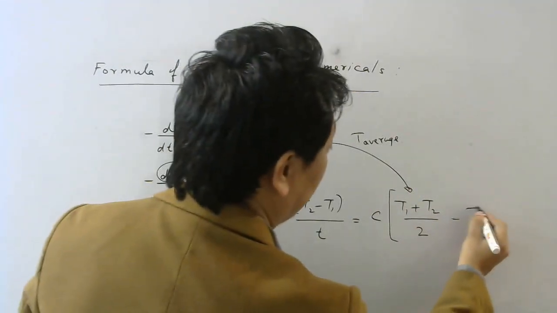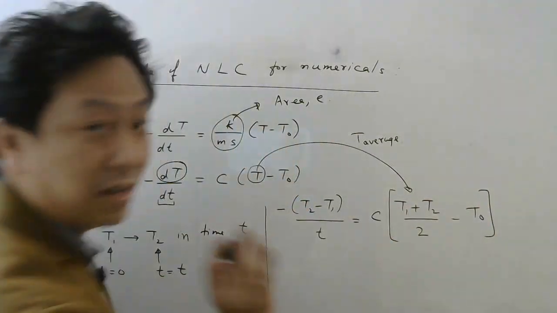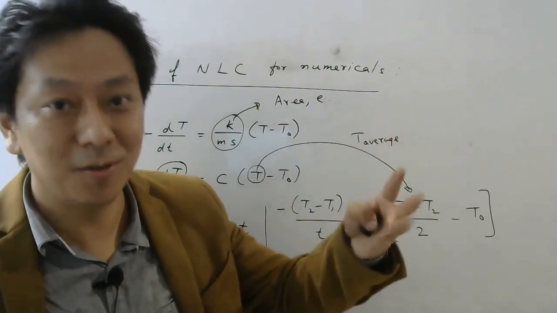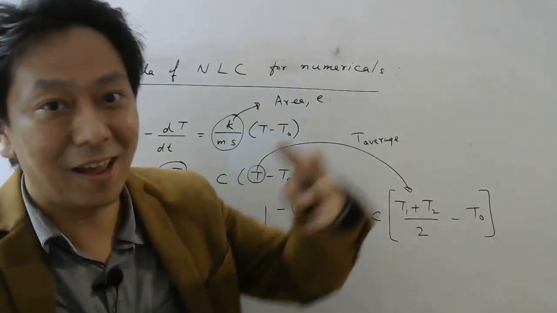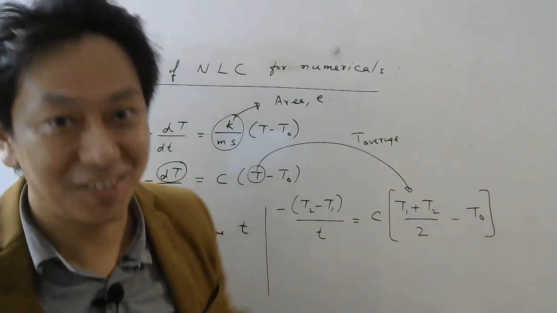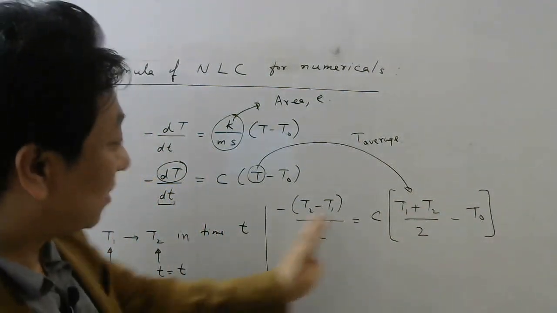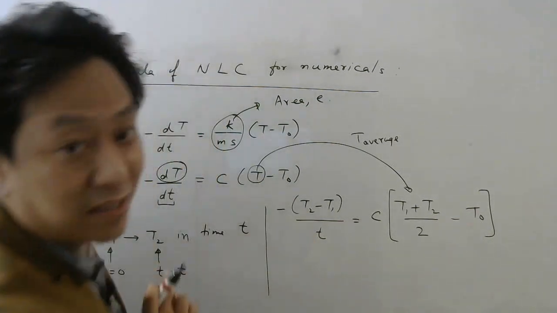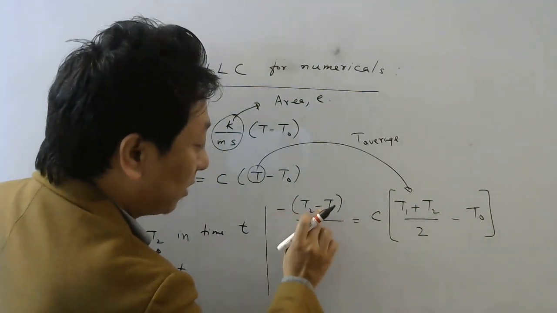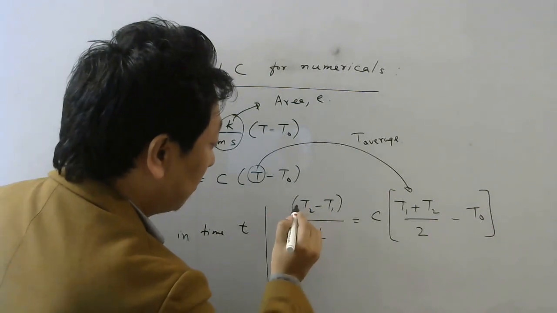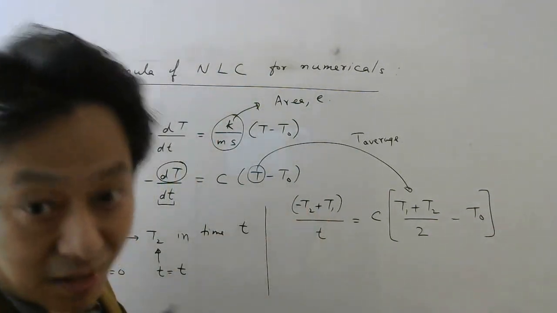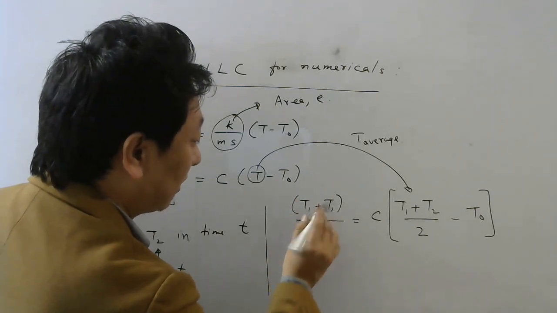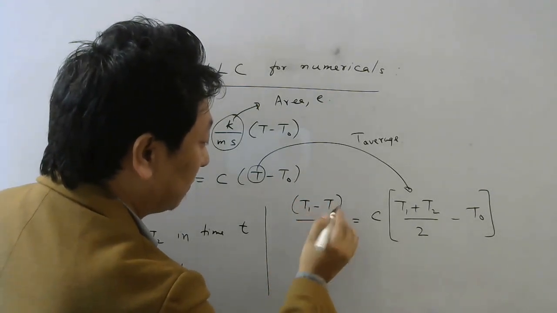Then minus T naught. Surrounding temperature can be taken constant because the surrounding is huge, right? If you burn a candle, don't expect the surrounding temperature to change too much. So this formula we are going to use. Then I will take this minus sign inside, so this will become minus and this will become plus, and I will write T1 first and then minus T2.